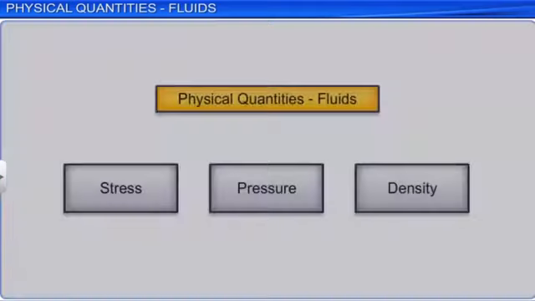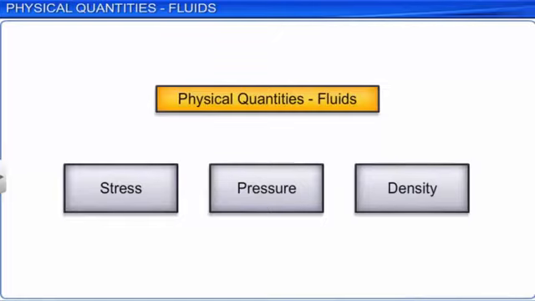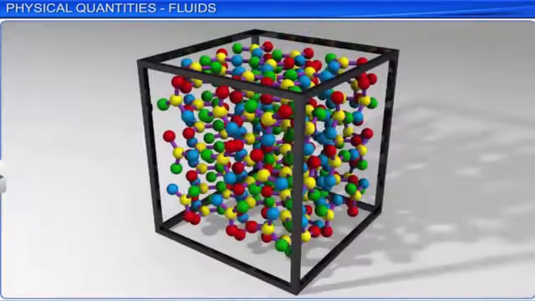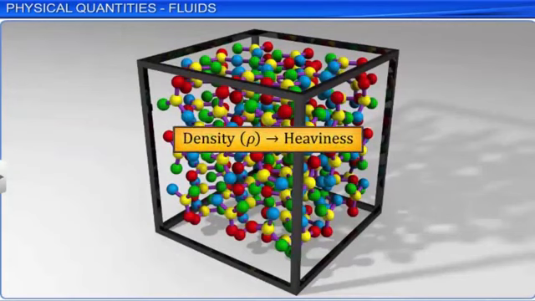Another important physical quantity related to fluids is density. Density is represented by Greek letter rho. Density of a substance gives a fair idea of its heaviness. It is defined as mass per unit volume.